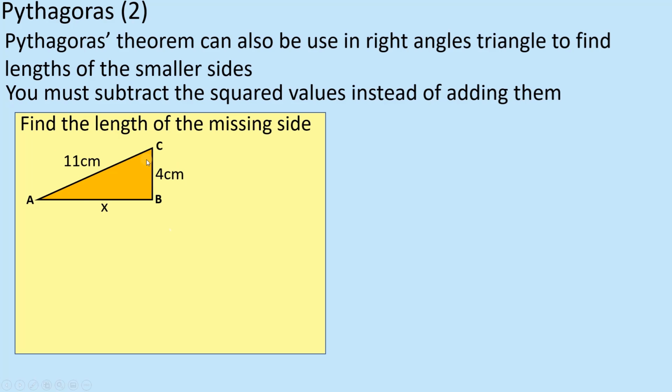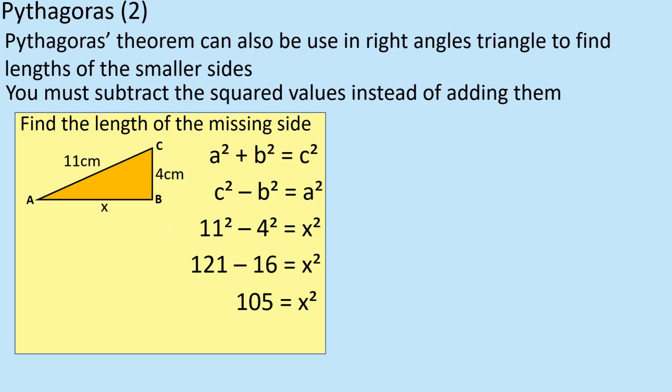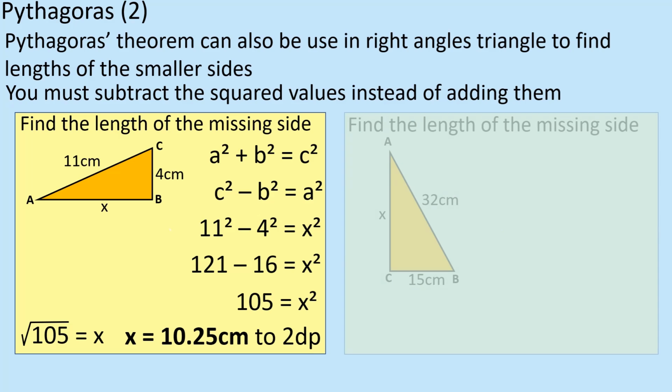Same as before, you've got to recognize the longest one, and that's the one you start with. So 11 squared minus 4 squared. It's going to give you x squared, so 105 equals x squared, and square rooting it gives you 10.25. Again, it has to be smaller than 11, which of course it is.